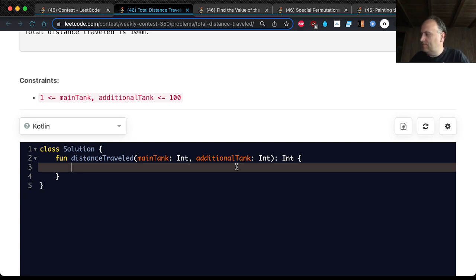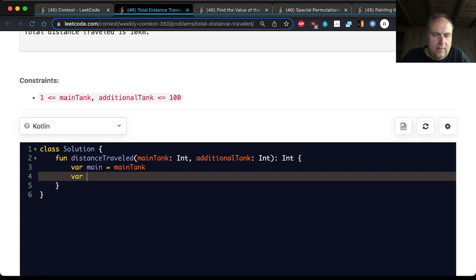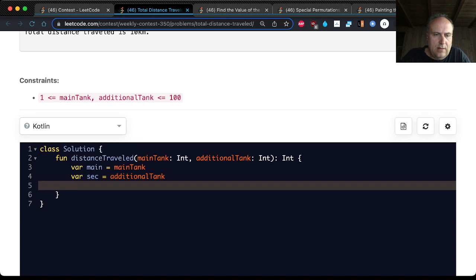5. Main tank. Let's call it additional tank. While main not 0.